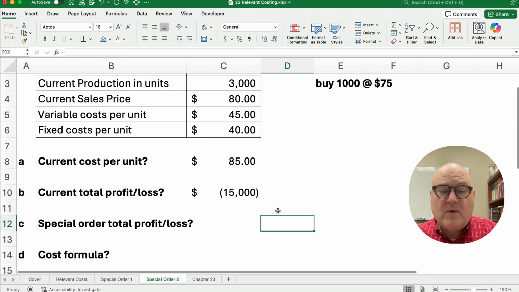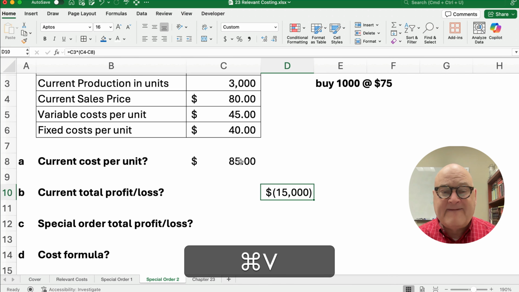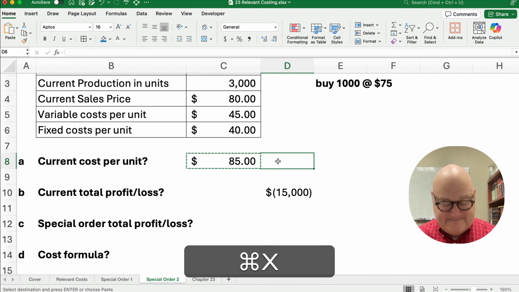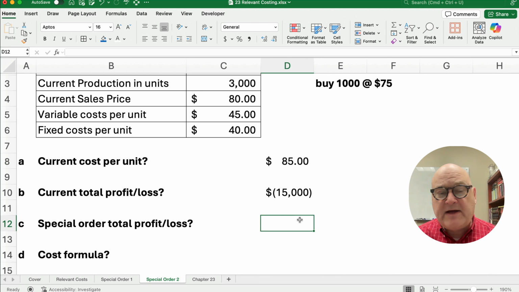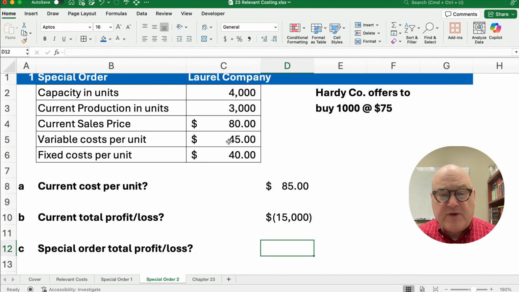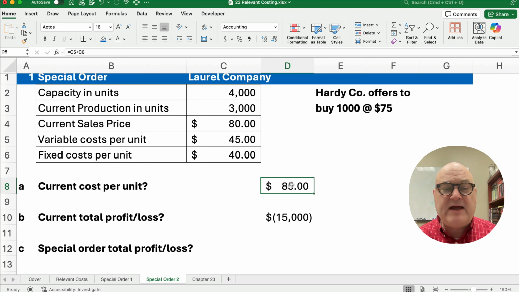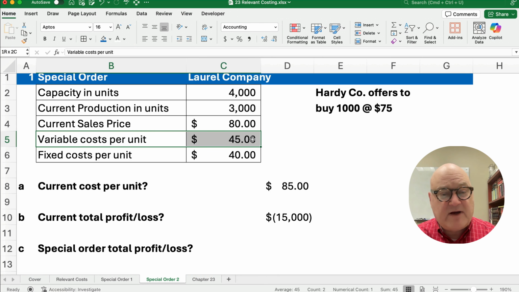Now, what about the special order? Now here's what people, if you're not careful, you think the next one costs $85. In fact, I framed it in a way you really do think the next one costs $85. The next one really only costs the variable cost, right? In fact, we can figure out what our fixed costs are. We can do that in just a minute.